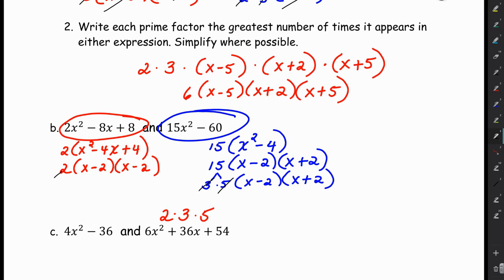All right, now notice we said we want to write each prime factor the greatest number of times it appears in either expression. So we have x minus 2 here, it only appears once. We have x minus 2 here, it appears twice. So we need to write it twice. We're writing it the greatest number of times it appears in either expression. And since it appears twice here, we need to write it twice.